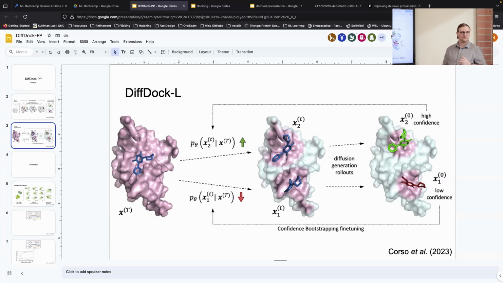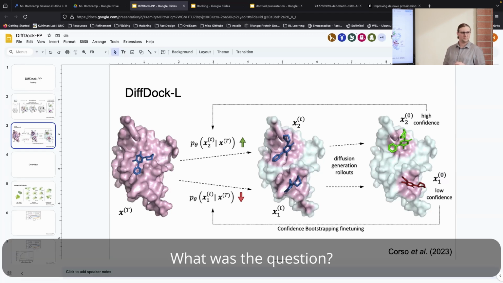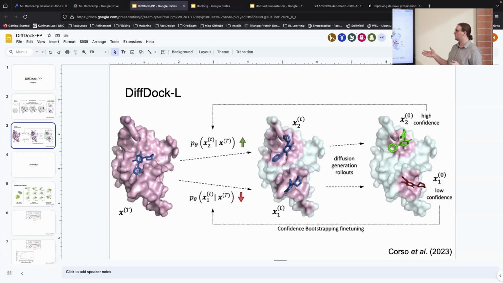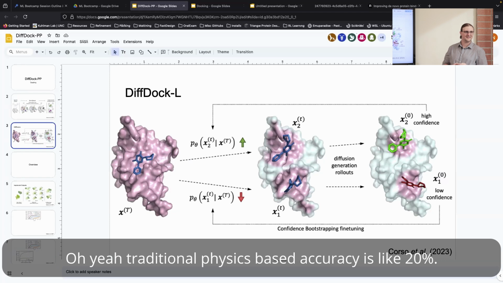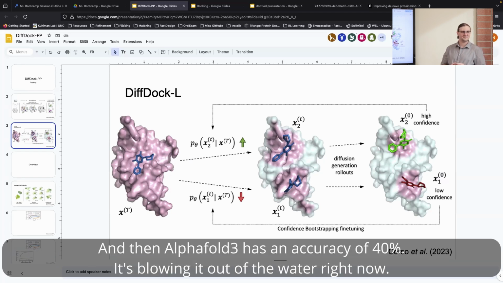Do you have anything else to add to that? What was the question? Why use one of these methods versus a traditional physics-based one? Oh yeah, a traditional physics-based method has an accuracy of like 20%, and AlphaFold 3 has an accuracy of like 40%. It's blowing it out of the water right now.